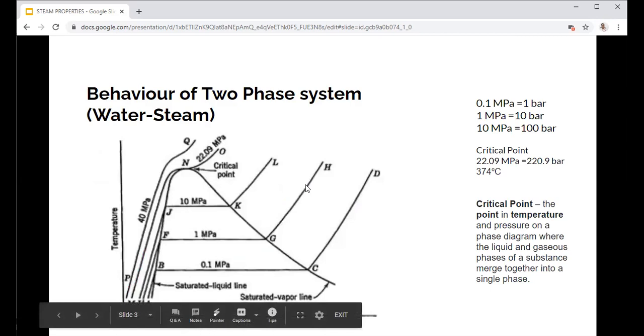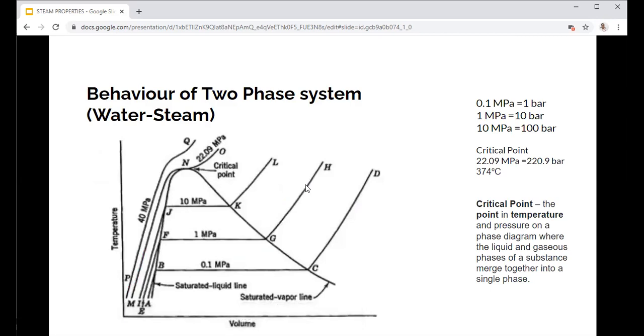The typical problems are where you need to find the specific enthalpy, specific volume, specific entropy or boiling point at the given pressure. So I have taken some representative pressures for the problem solving. One is the pressure of 0.1 megapascal, the other is 1 megapascal, the third is 10 megapascal, and finally the critical pressure of 22 megapascals.